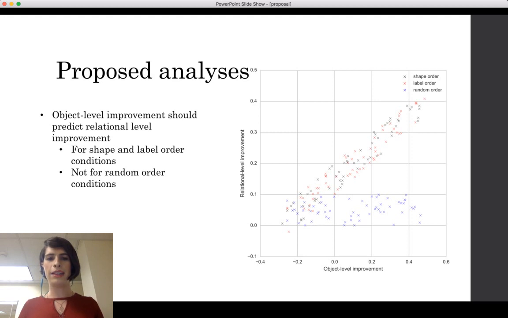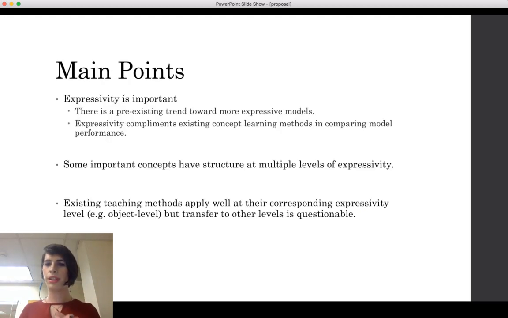In that case, I think this is still a very interesting result, because it implies that there's this other structure that almost all of the concept learning literature ignored, and that the methods used to teach it do not work at both levels. I can think of other follow-ups. I'm not sure how related they are, but I think it will still be a very interesting result, and there will still be a lot of directions to go from there.